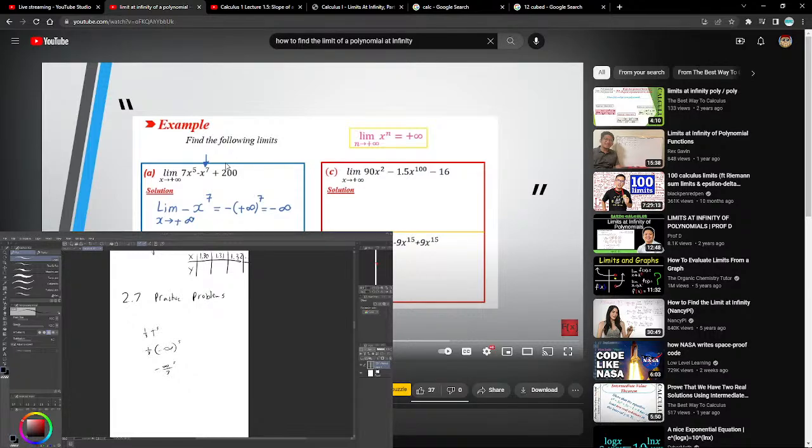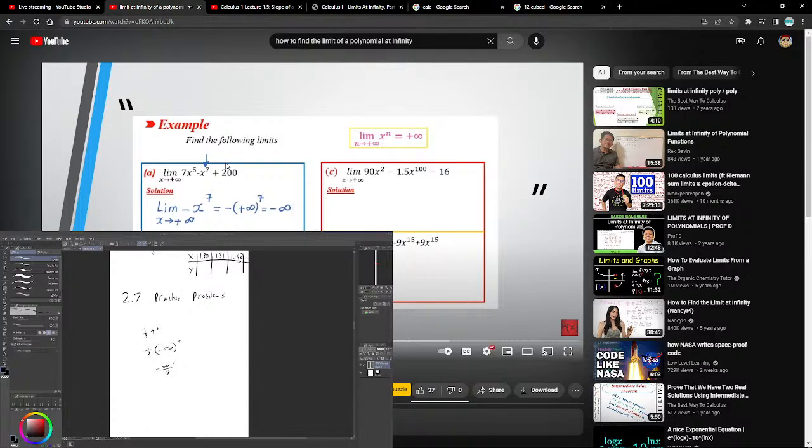So it seems like if the variable with the highest power is negative, then you just use the negative sign on the positive or negative infinity, whatever you plug in, and that's your answer, or what?